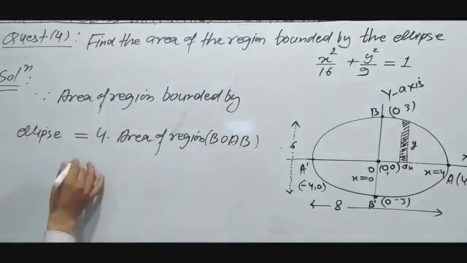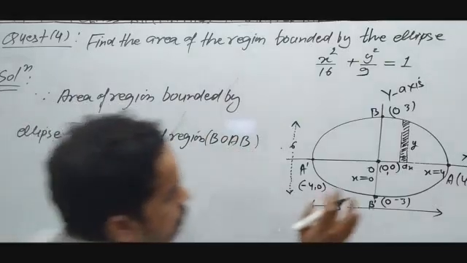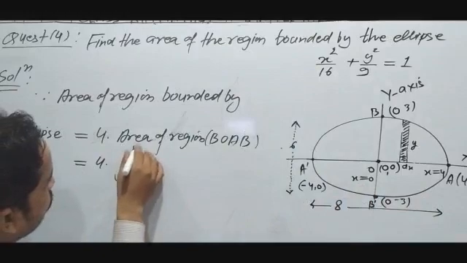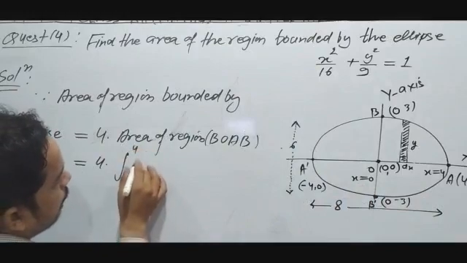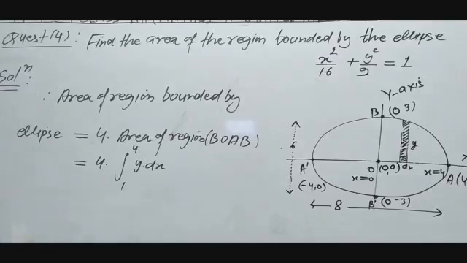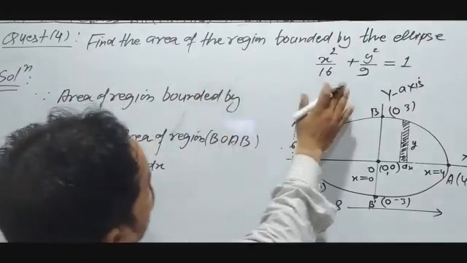Now the area of region BOAB can be written as x is equal to 0 to x is equal to 4, and y times dx. This is the area, and from the given equation you can simplify the value of y.